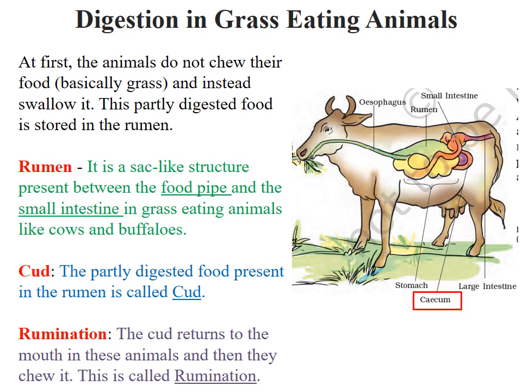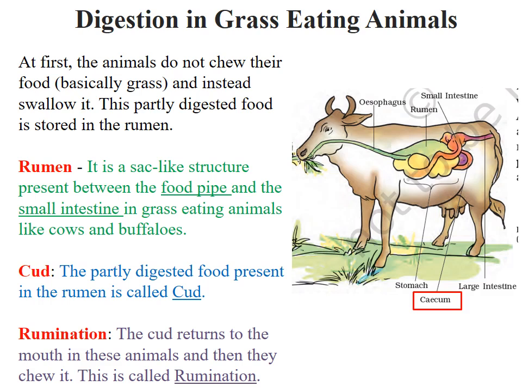Okay, next. As these animals are only partly digesting the food, meaning they just swallow the food, it gets inside the rumen. That partly digested food present in the rumen is called cud. It is also known as chewing the cud. After that, rumination takes place.